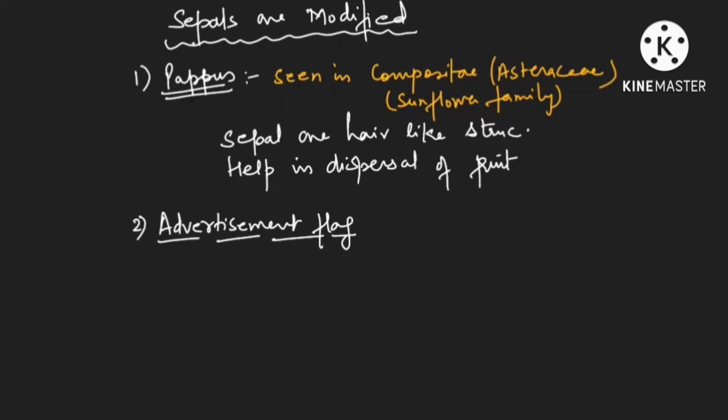It is very colorful also, to attract the insects. It is like an advertisement showcasing itself: I am here, the flower is here, please come for the pollination. So to attract the insect, it is shown by Mussaenda.